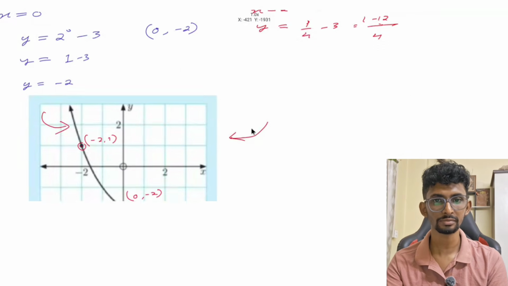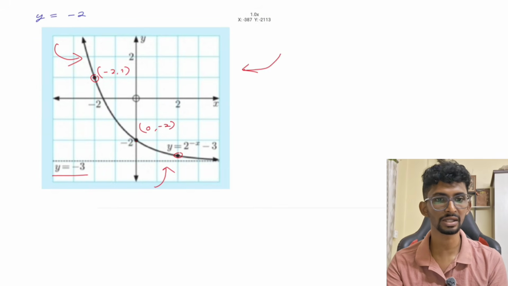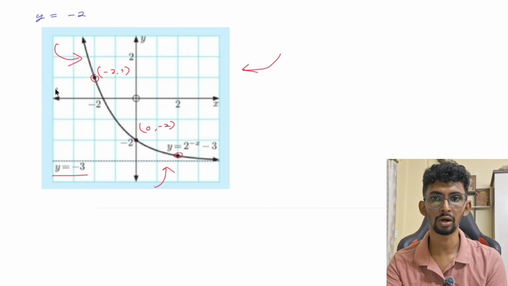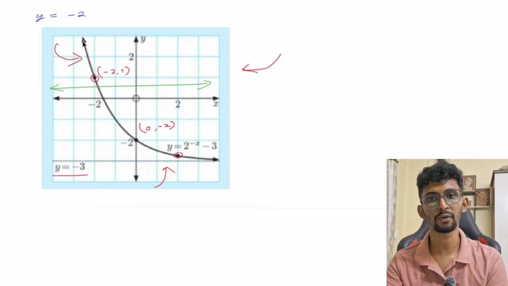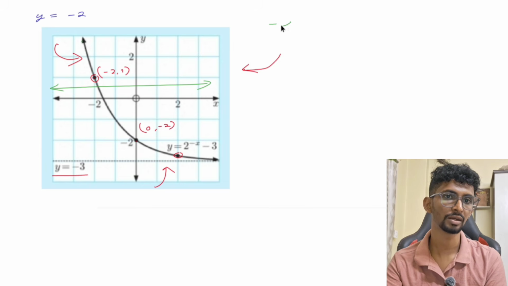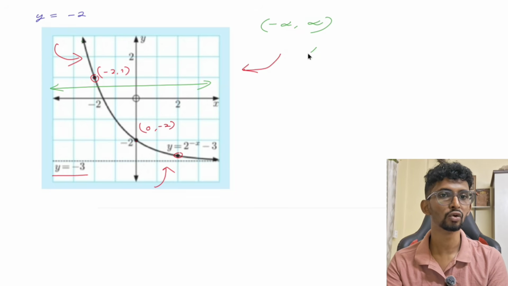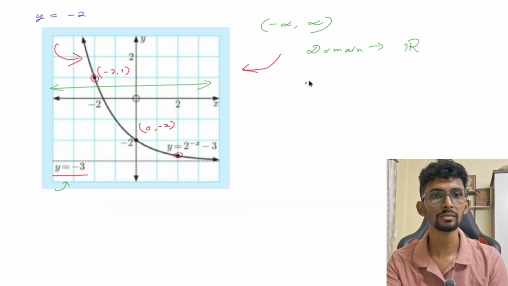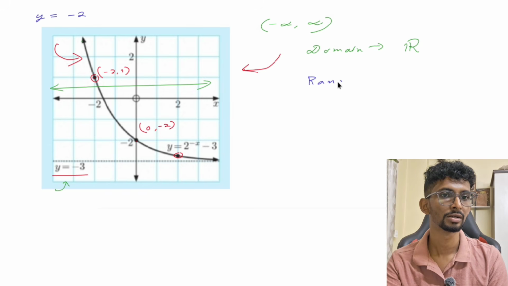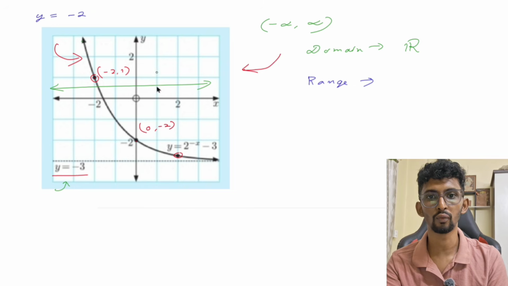Now domain and range. Domain is nothing but the values of x. You can see this graph is going from minus infinity to plus infinity. That means the domain is all real numbers. Clear? Now for the range, you can observe the values of y.